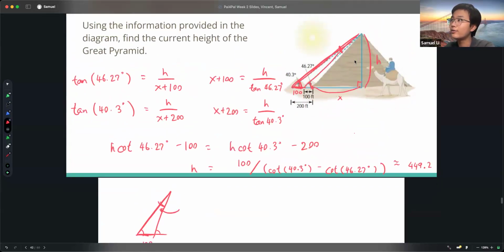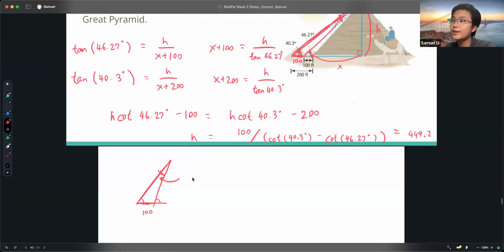For reference, I'm just redrawing this little slim triangle on the very left. This angle right here would be 46.27 minus 40.3, which is 5.97 degrees, I think.